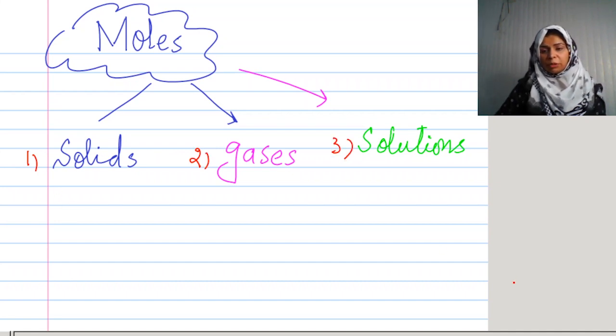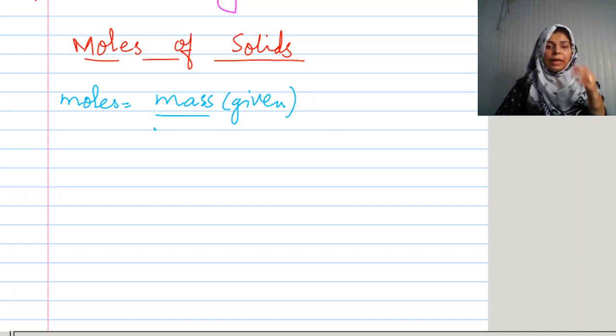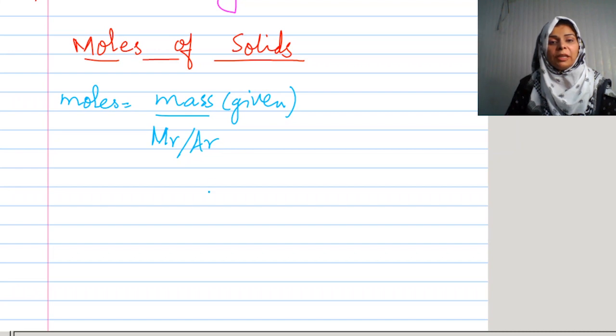In order to calculate the moles of solids, we have a certain formula: moles is equal to mass, which is always given if you have to calculate the moles, over the relative molecular mass, MR, or AR of the substance. I already have taught you how to calculate MR and AR. You can check my link below.